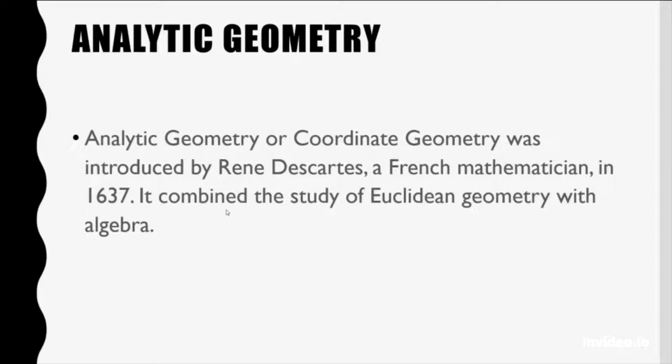Basically, analytic geometry is a combined study of Euclidean geometry with algebra. Euclidean geometry is the study of shapes through the use of axioms and theorems. So in this lesson, we will combine Euclidean geometry with algebra.